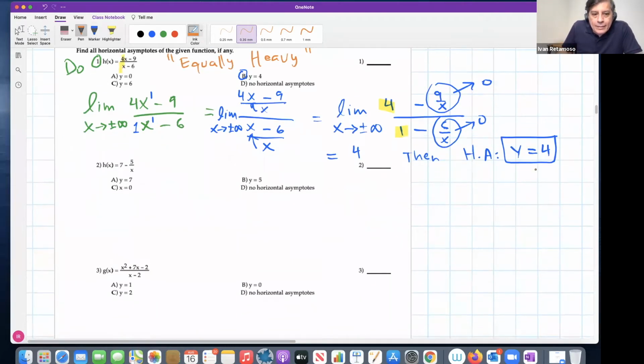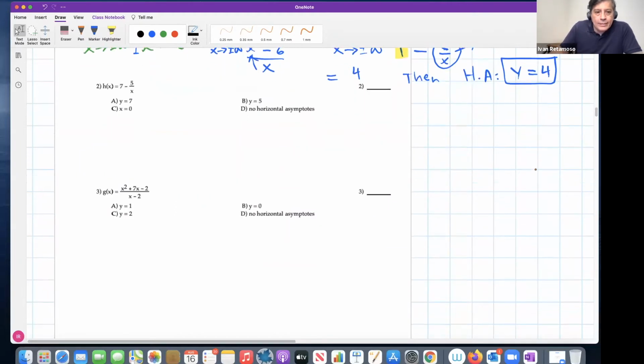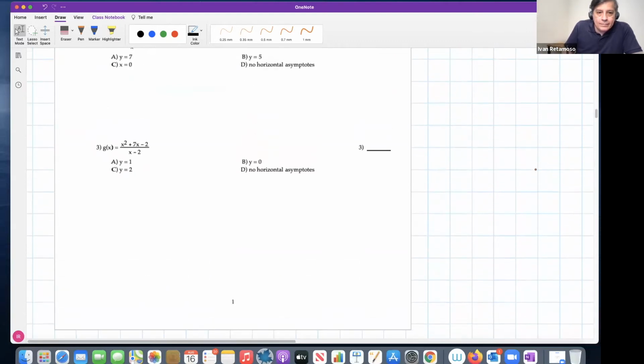All right. Now, there are other situations, such as this, for example, where that will not be the case. So can you try this now?